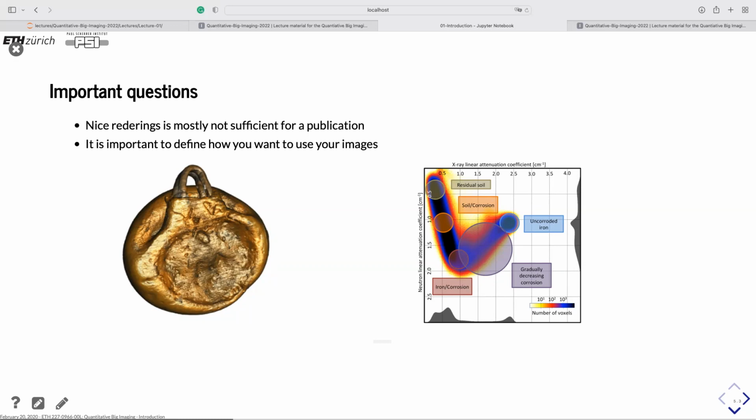Both these images come from investigations in archaeology. One is just they wanted to see how this piece was manufactured. It's a gold piece dug out from a Viking grave in Sweden. And this is the corrosion of a Roman nail.